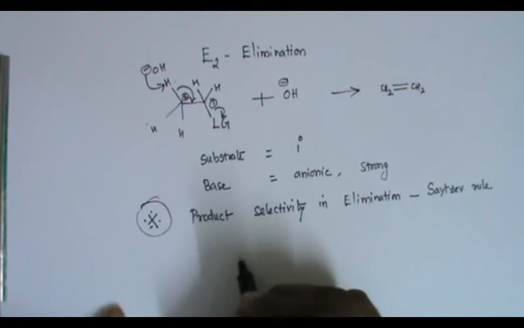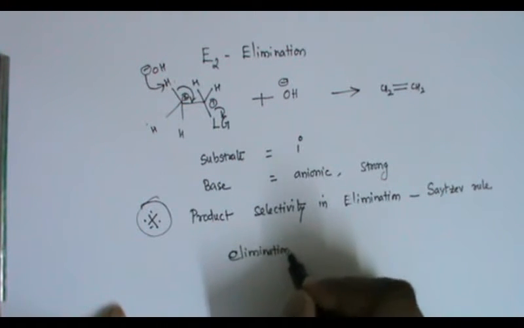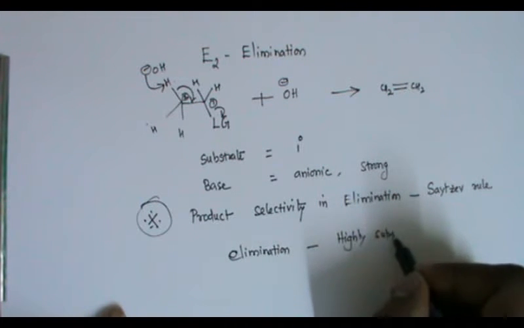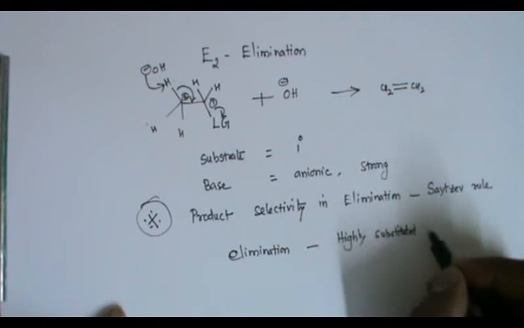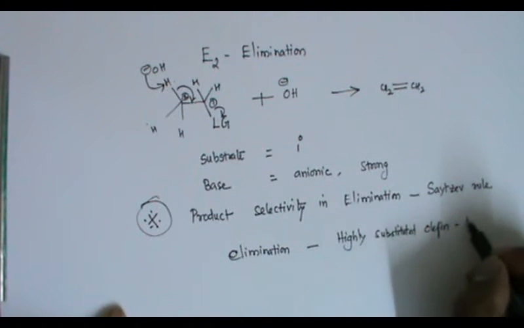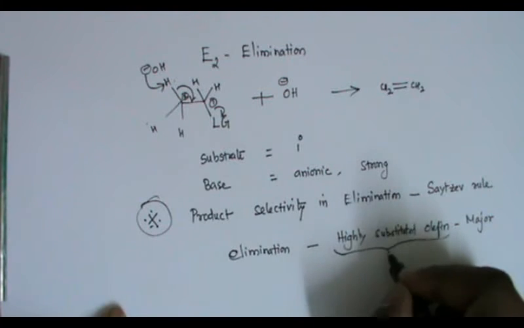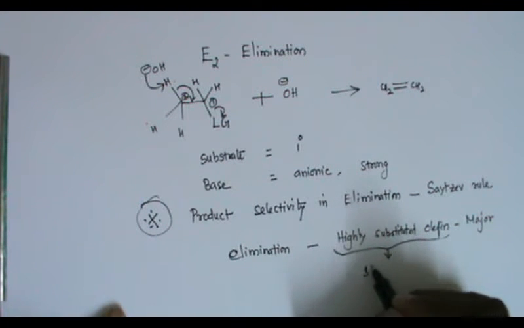According to this, during elimination, the highly substituted olefin is the major product. When there is a possibility to form 2 or more olefins, the olefin which has more substituents will be the major one. What is the reason for this? Why do we get the highly substituted olefin? Because the highly substituted olefin is the stable olefin.